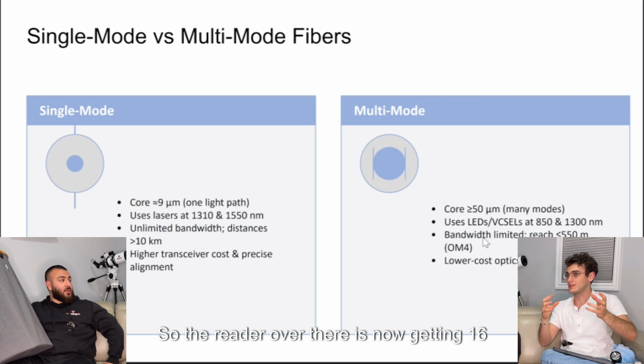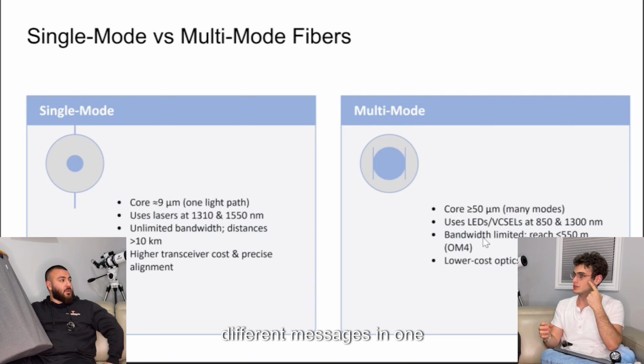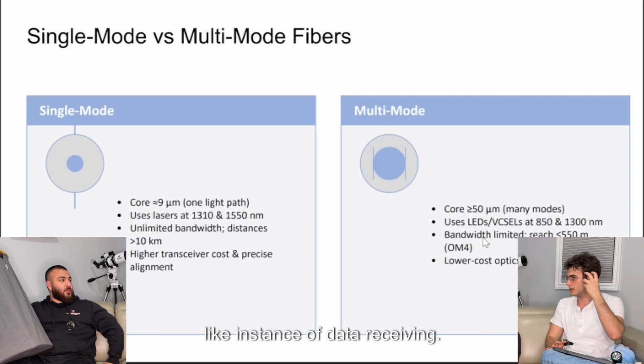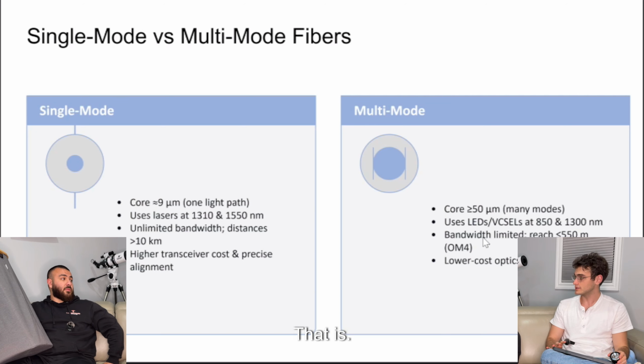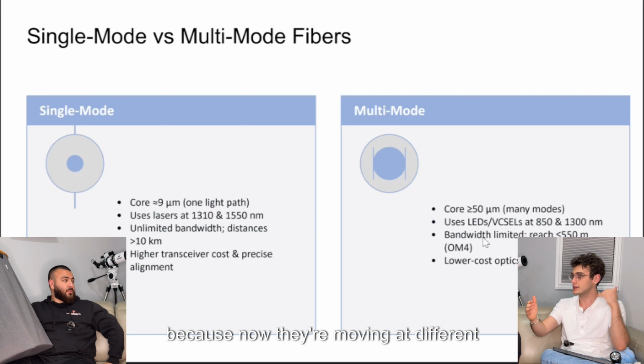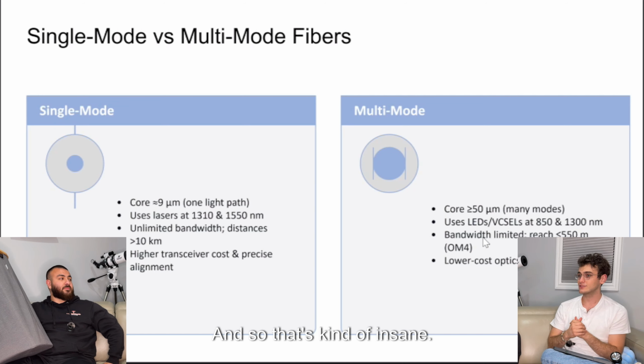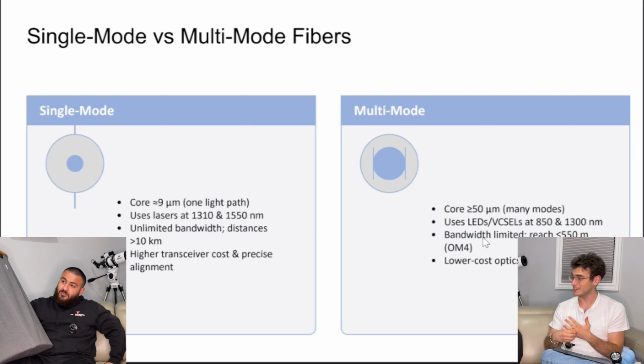So the reader over there is getting 16 different messages in one instance of data receiving. And they don't interfere with each other because they're moving at different wavelengths. That's kind of insane. It's just different colors of light.